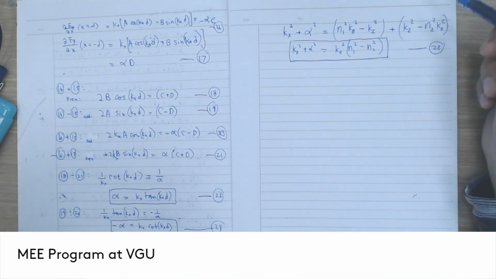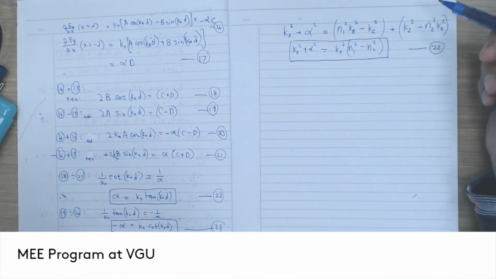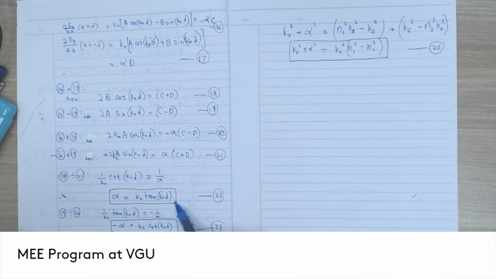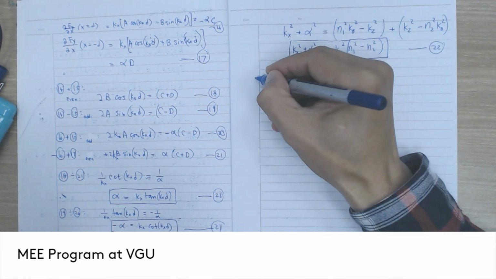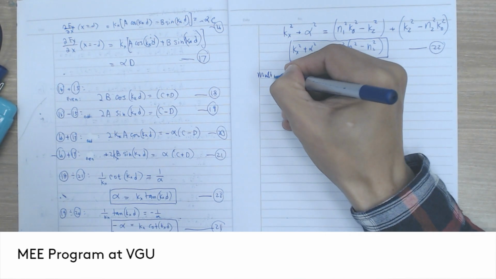So first of all, let's do some manipulation. This one here, we multiply both sides of the equation by d.